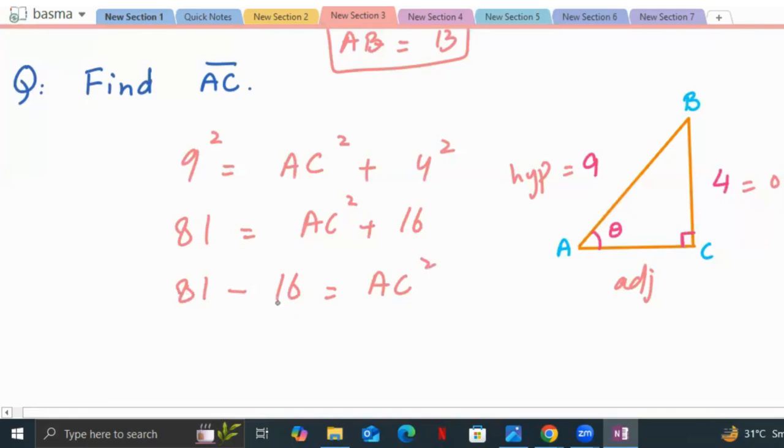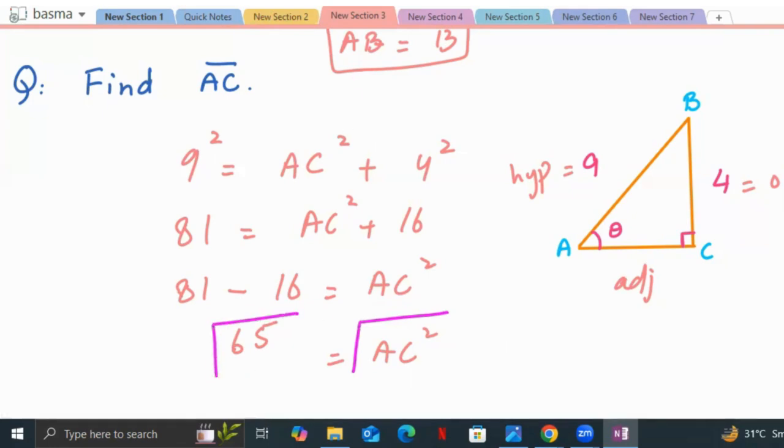Now 81 minus 16 is going to be 65, okay? So AC squared, but I need the AC only, so you don't want the square over the AC. So to get rid of that square, you will square root both sides. So your AC will be square root of 65, okay?